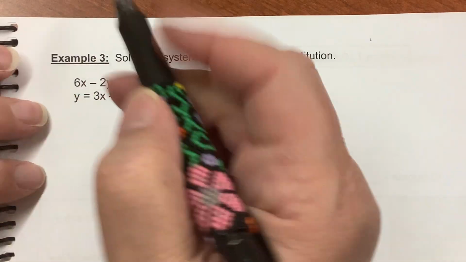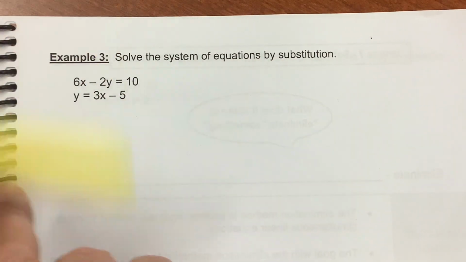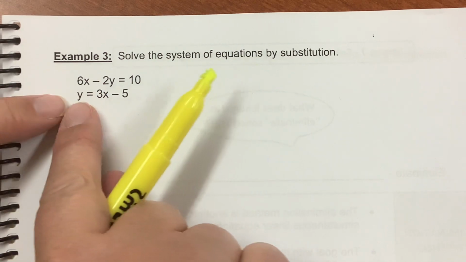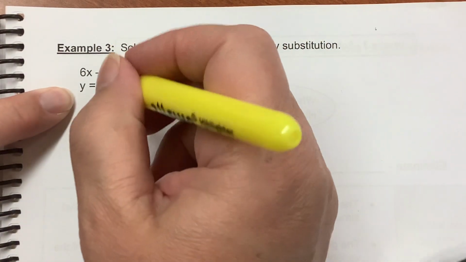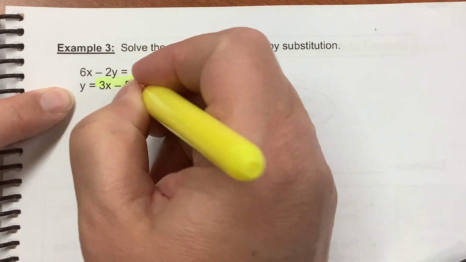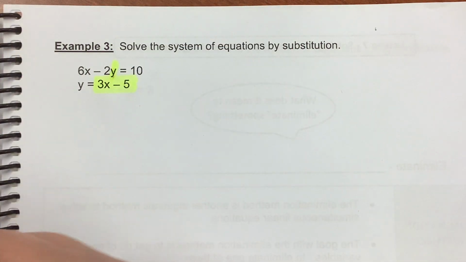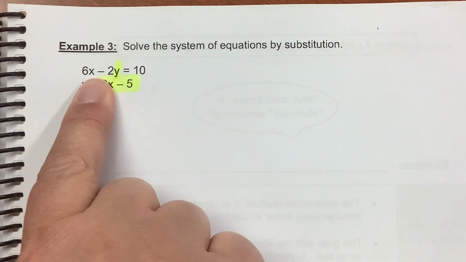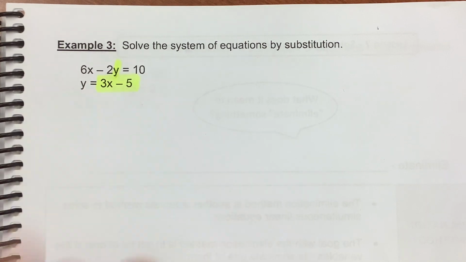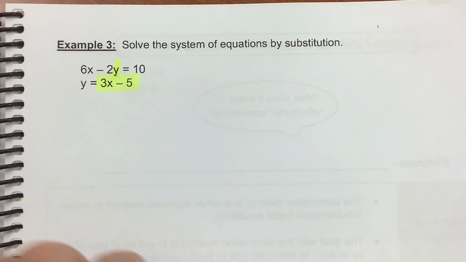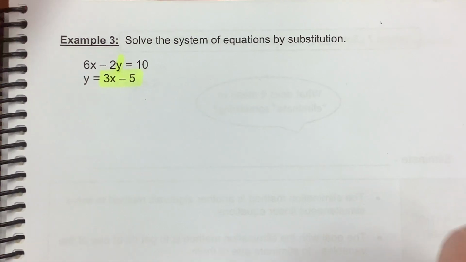All right, let's take a look at this one. What are we substituting? Well, here the y is isolated, so we are substituting 3x minus 5 for the y in that equation. And look, there is a minus here and a minus there. Both of those are going to be changed into plus a negative, so the distribution will look a little nicer.